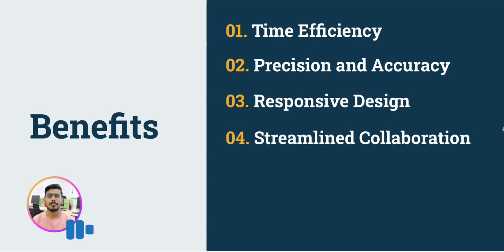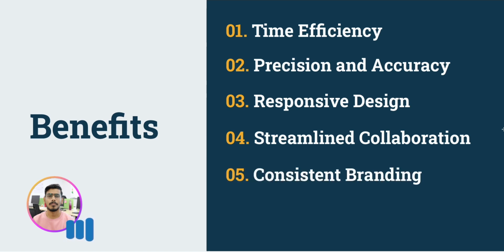This collaboration contributes to a more efficient workflow. The fifth benefit is consistent branding, as automated code generation helps maintain design consistency, ensuring that the brand identity remains uniform across different sections of the application or website that we are building.